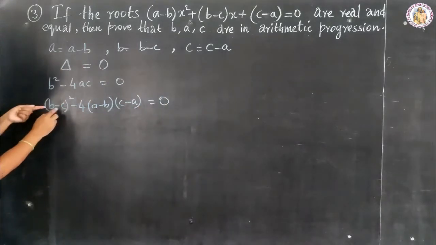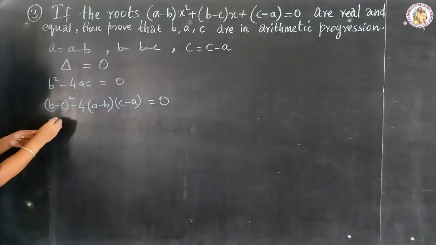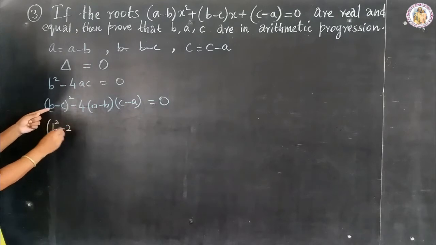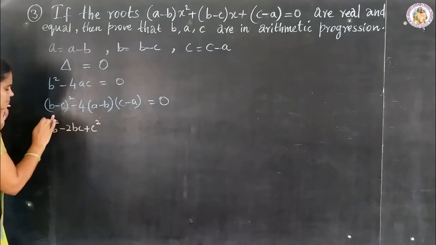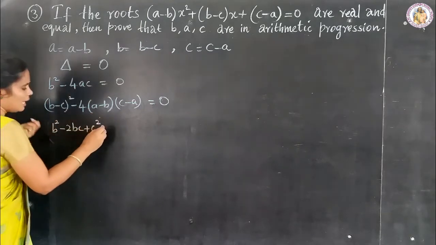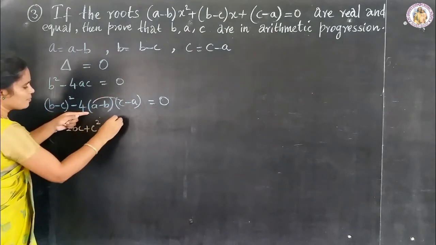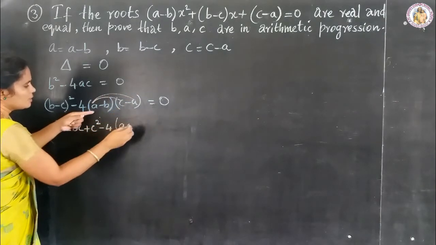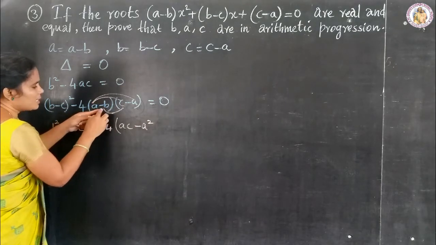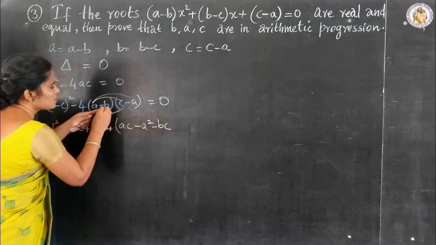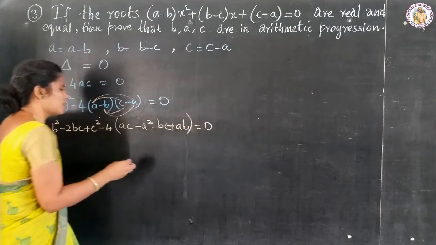Okay, and in the next step, (b minus c) whole square, and (a minus b) whole square. (a minus b) whole square is b square minus 2bc plus c square. Okay, and now minus 4, multiply both the brackets: a into c, ac; a into a, minus into minus, plus a square; and b into c, minus bc; minus into minus plus ab; is equal to 0.